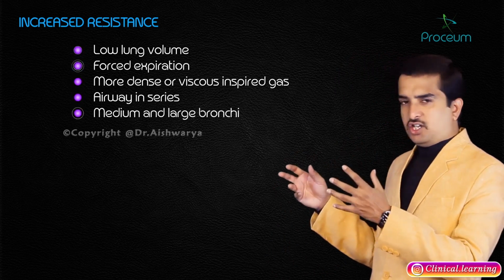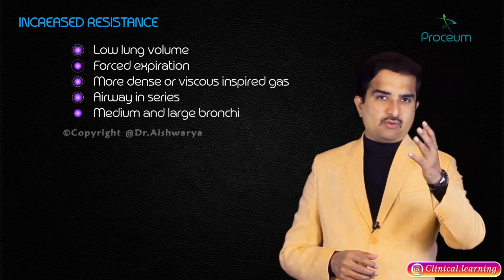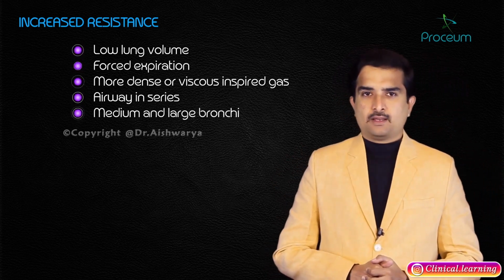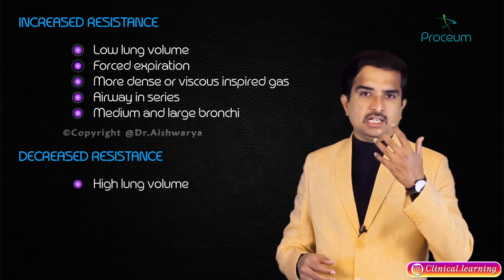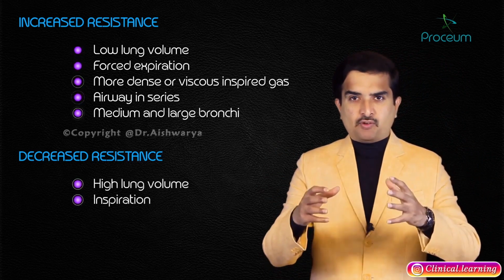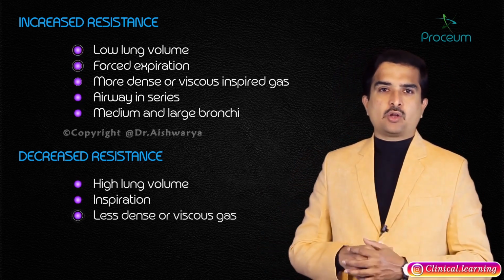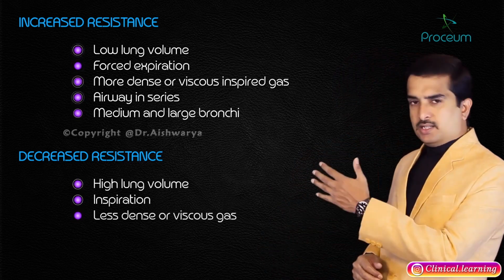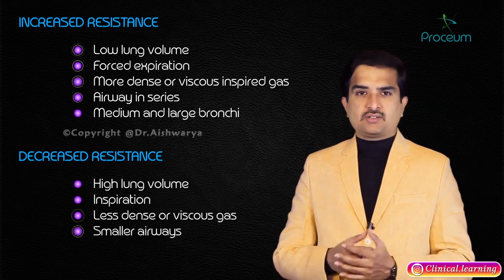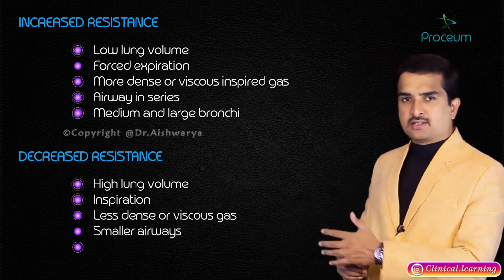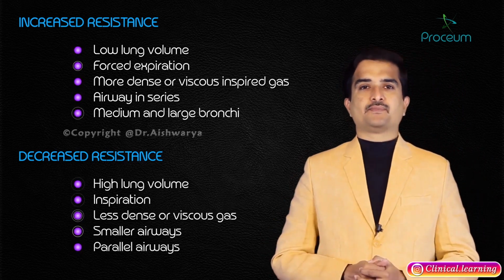In all these conditions there will be an increase in resistance. Decreased resistance is seen in high lung volumes during inspiration, with less dense or viscous gas, and in the smaller airways as well as in parallel airways.